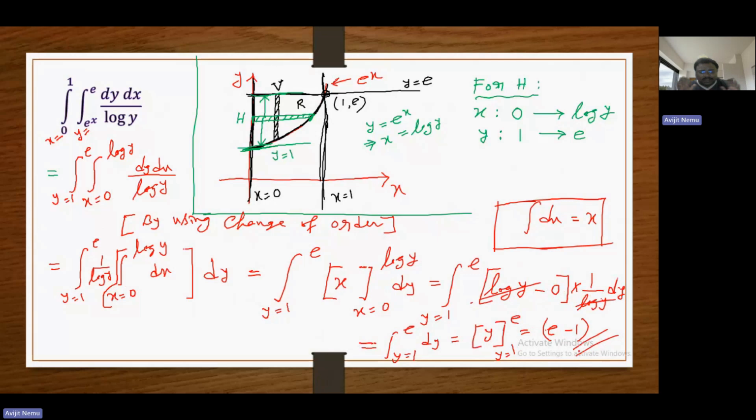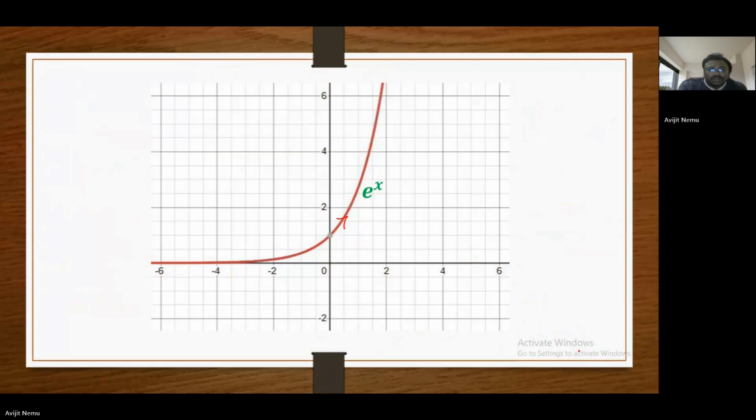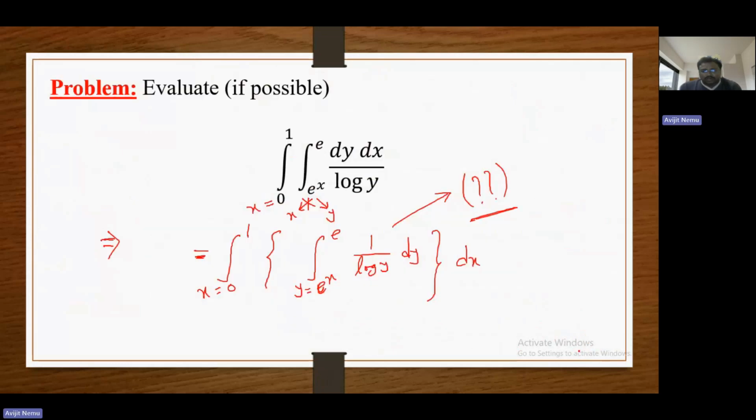So if I summarize the value of the double integration, initially, according to the conventional method, that is the straightforward technique, we were unable to find the value due to the complexity of the integration 1 by log y and integration with respect to y.